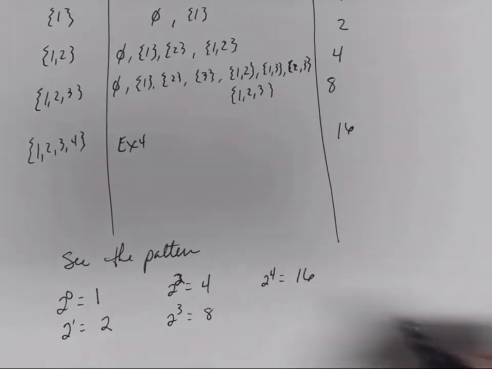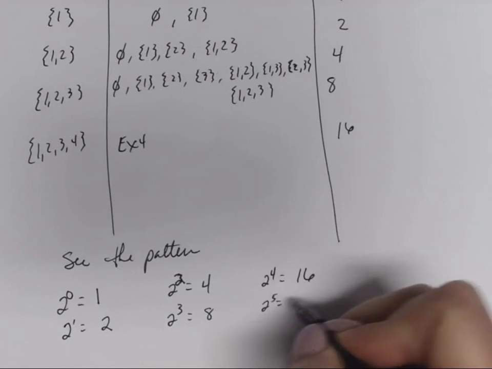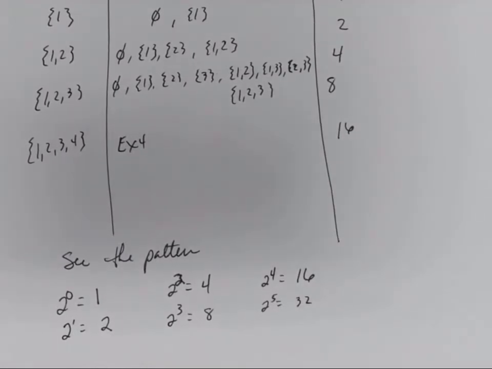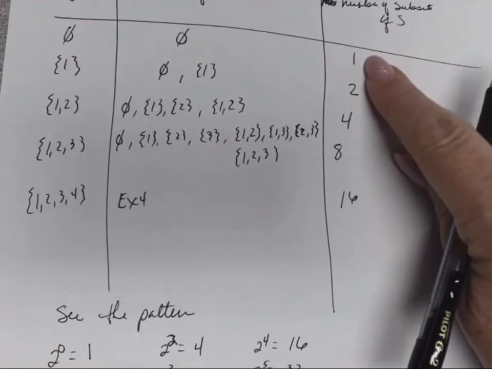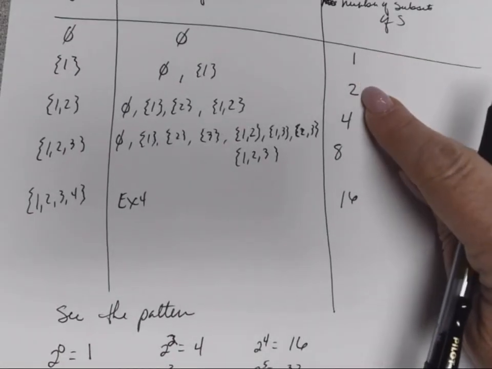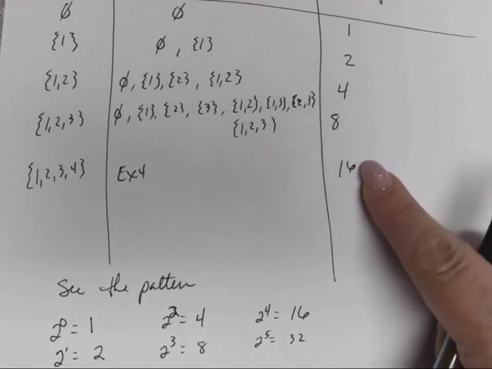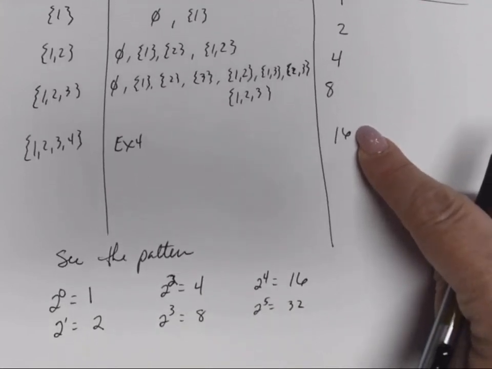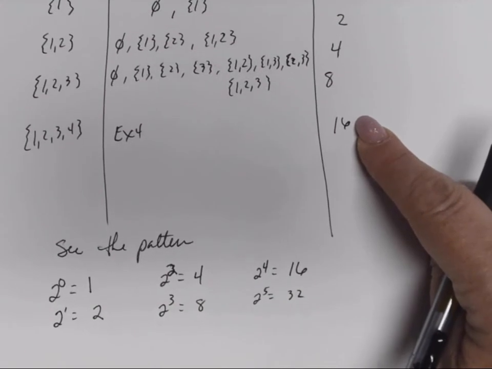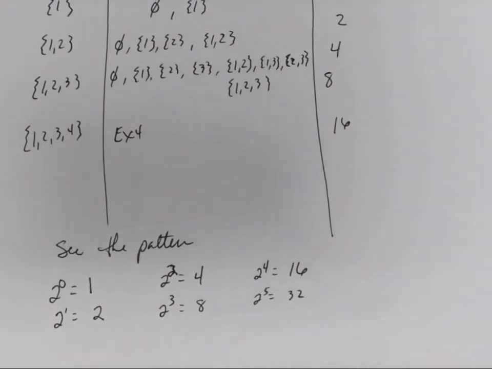So we could think that 2 to the fifth would be 32, and so forth. So if you can see the pattern, 2 to the 0 is 1, 2 to the first is 2, 2 to the second is 4, 2 to the third is 8, 2 to the fourth is 16, and so forth.